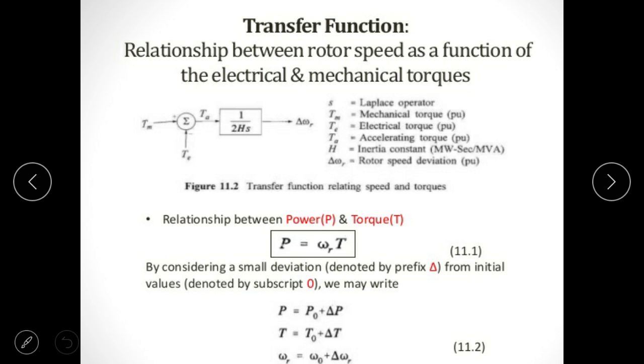Similarly, the relationship between torque and speed as a function of electrical and mechanical torque. In the given block diagram, Tm is mechanical torque, Te is electrical torque, this is the Gs gain part, and this is delta omega r, the change in speed of the rotor.